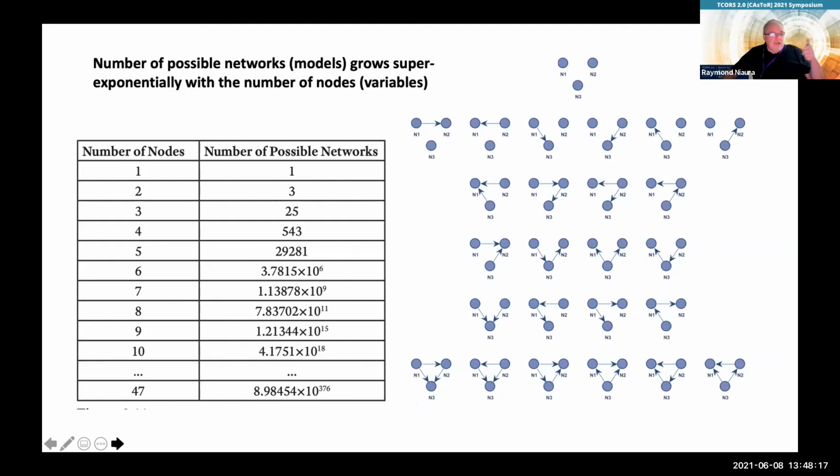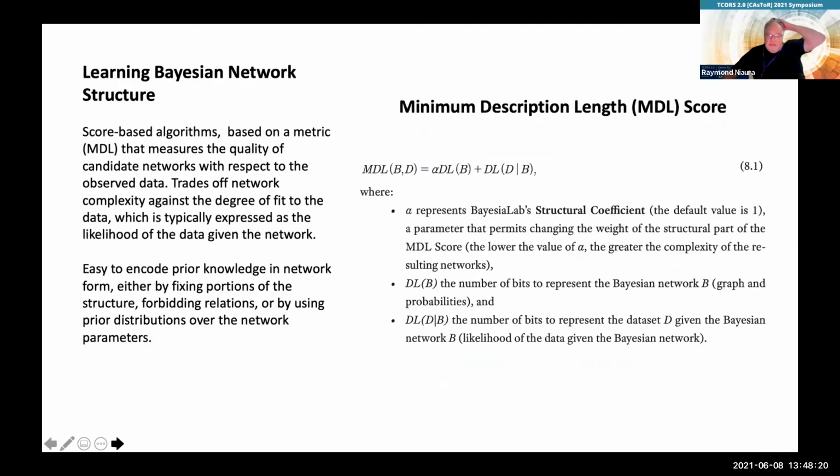So what Bayesia Lab does is it uses algorithms to learn the network structure. It searches that exponential space, and it uses score-based algorithms, in this case the minimum description length score, which balances model complexity and degree of fit to the data based on maximum likelihood estimation. What's also nice about Bayesian networks is that you can encode prior knowledge in the network. You can use prior distributions over the network parameters and so forth.